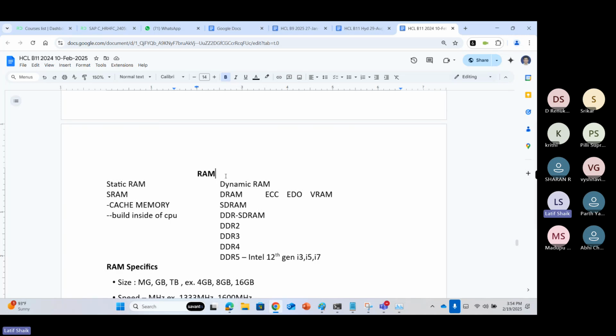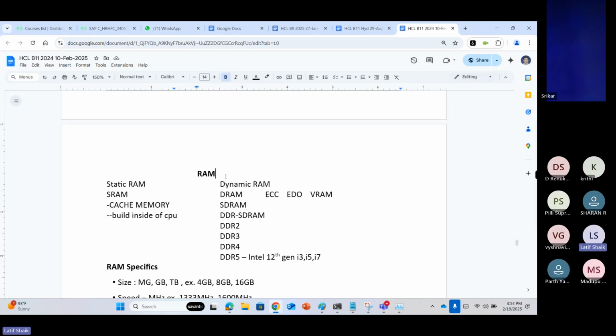We already drew the diagram. So that is not our RAM anyway, it's already inside the CPU, we don't worry about it. And dynamic RAMs, this is what our RAM is. There are different dynamic RAMs, like DRAM, ECC RAM, EDO RAM, VRAM. VRAM here means video RAM, not virtual RAM, it is video RAM.